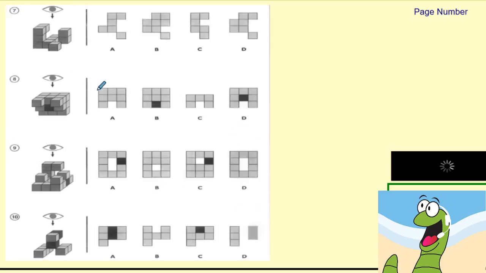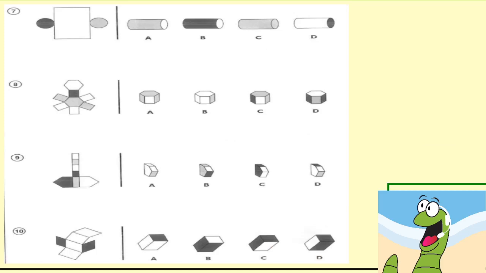So let's move on nice and quickly, and here is question 7. One of the really important things here for number 7, look at what we've got. In fact, all of these really, you need to look at what you have in front of you. We've got a white square in the middle, and we've got 2 circles, one black or dark grey and one light grey.